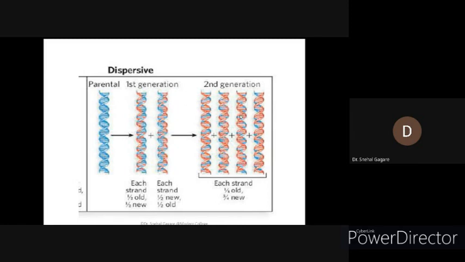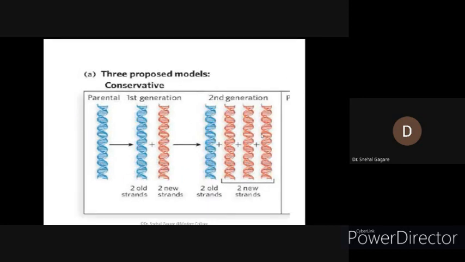After second generation, again you will get hybrid strands, that is a mixture of both old and new. This is the dispersive mode. That is, the entire DNA molecule is getting dispersed and then all the fragments are combining. So these three modes of replication were proposed.